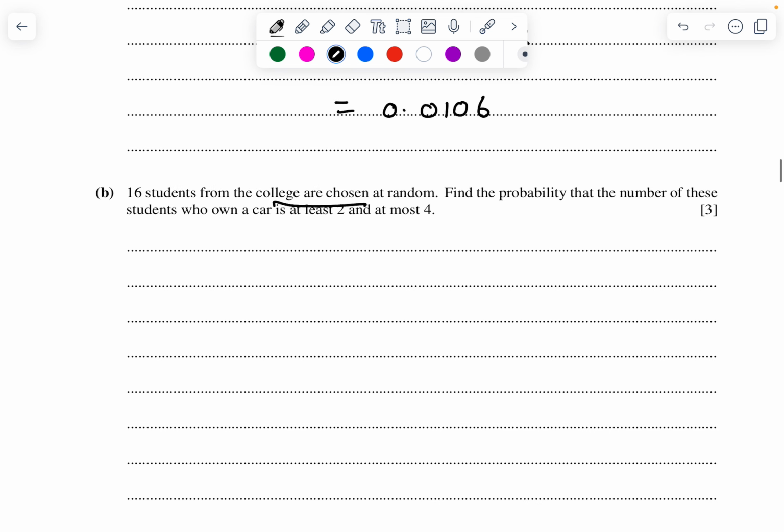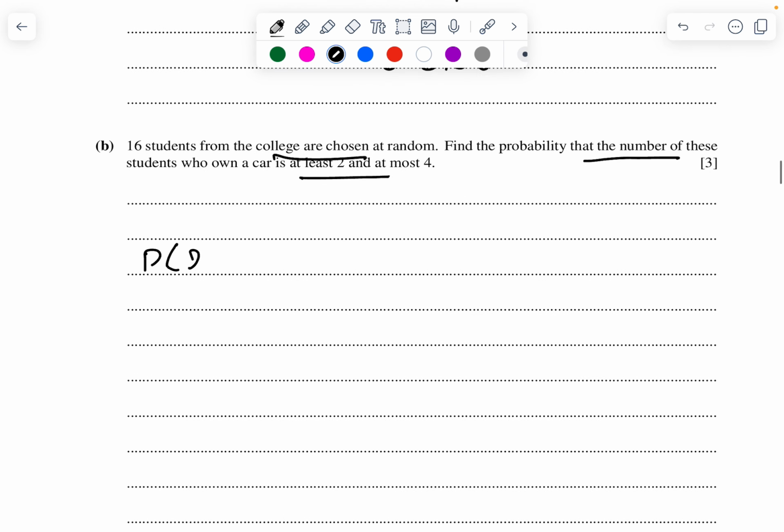16 students from the college are chosen at random. Find the probability that the number of these students who own a car is at least 2 and at most 4. So 2, 3, 4: probability of x equals 2, or x equals 3, or x equals 4.